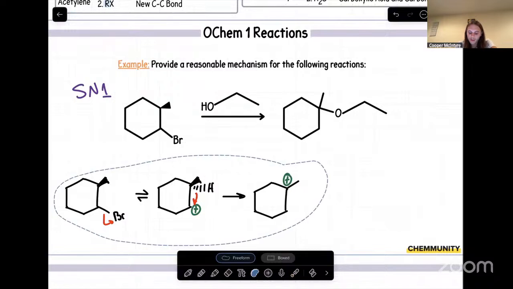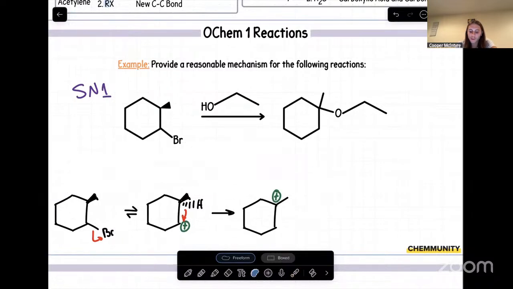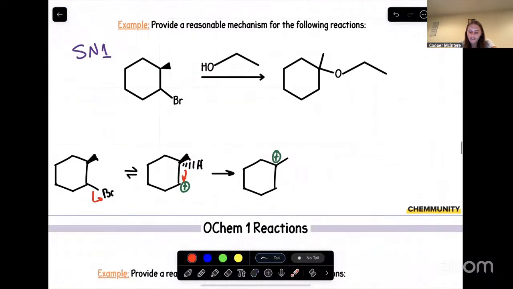Now, if we remember, whenever a carbon has a carbocation, this carbon, which was sp3 hybridized, is now being changed to sp2 hybridized because carbocations reside in p orbitals, if you want to think of it that way. So since we have a carbocation, we have a p orbital, and that means it's sp2 hybridized, meaning it's planar.